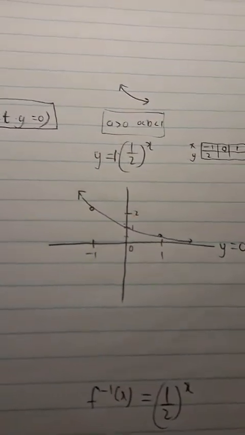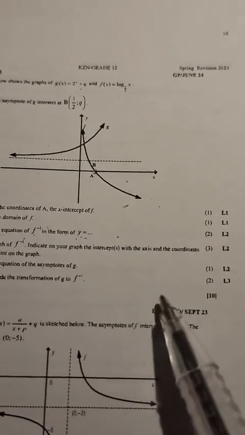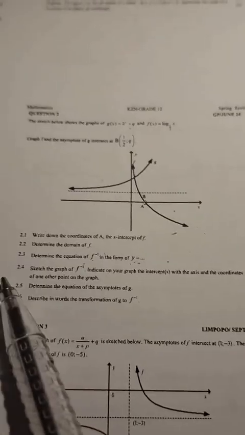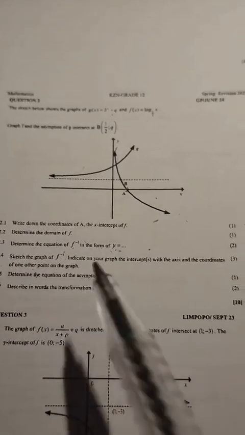And if you remember, they said in the question that when you sketch the graph, indicate on your graph the intercepts with the axis and the coordinates of one other point on the graph.